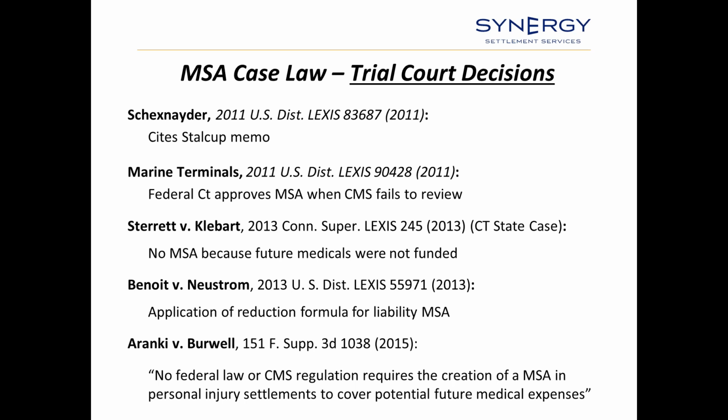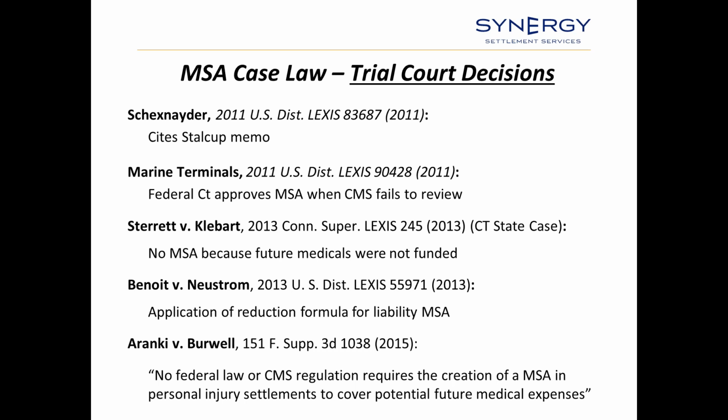Newstrom case is a case that is very important, probably the most important, in my opinion, in terms of these cases, because it deals with a fundamental problem and flaw with trying to do Medicare set-asides in the liability context. So in workers' comp, where these set-asides developed, you don't have cases that are settled like liability cases are.